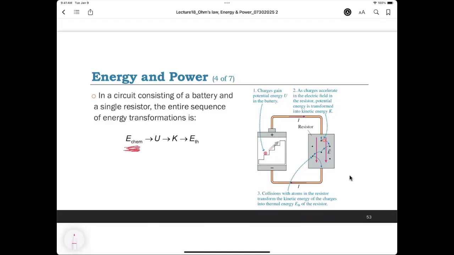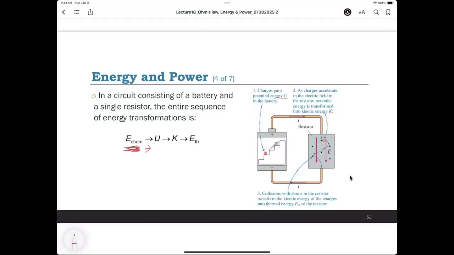Then this chemical energy is transferred to potential energy. Then, as charges accelerate in the electric field in the resistor, the potential energy is transferred into kinetic energy K. Because it moves, it will transfer to kinetic energy.